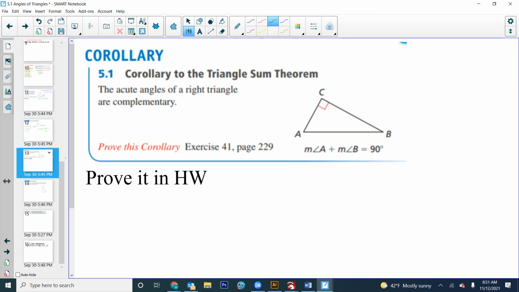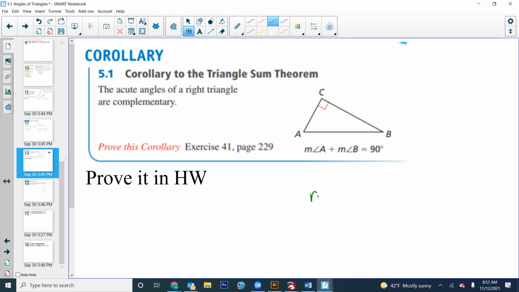Corollary. This is obvious. You guys know this. What do the three angles add up to in a triangle? 180. What happens if you have a special case, all right? We see right triangles all the time. If you have a special case of a right triangle, that means one of the angles is 90.